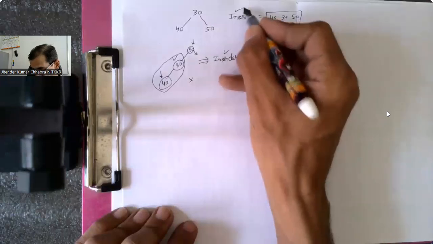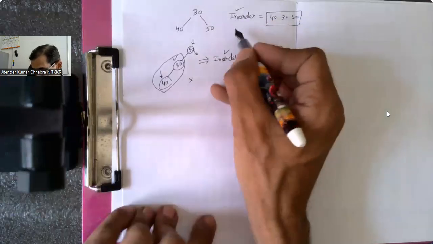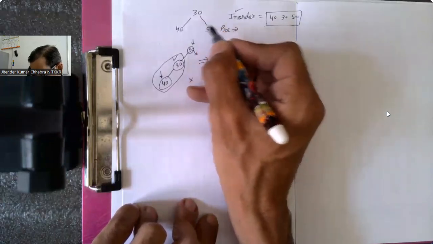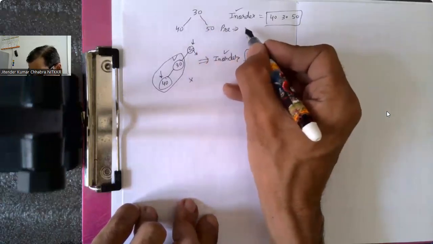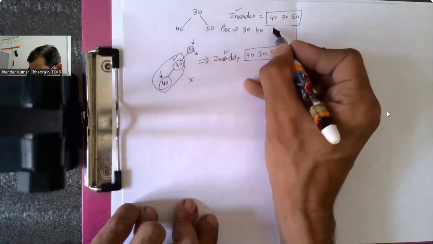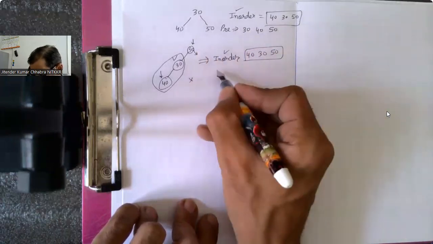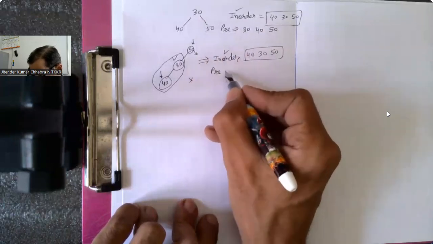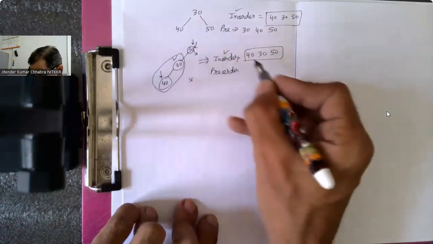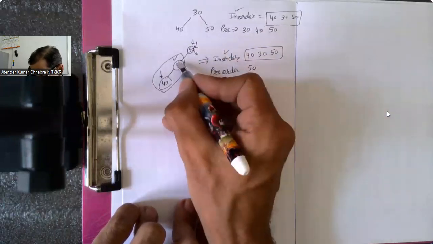But if in-order is the same, the pre-order and post-order will differ. For example, take pre-order. Pre-order means DLR. D means 30, then its left child or left subtree, then right subtree. DLR means always data first, that means 50, then left side.